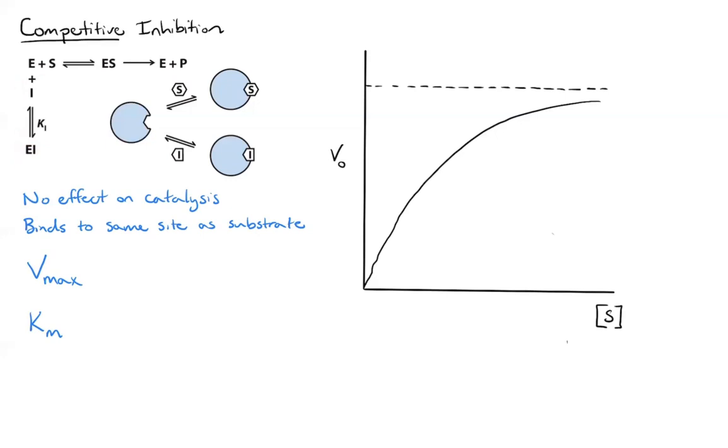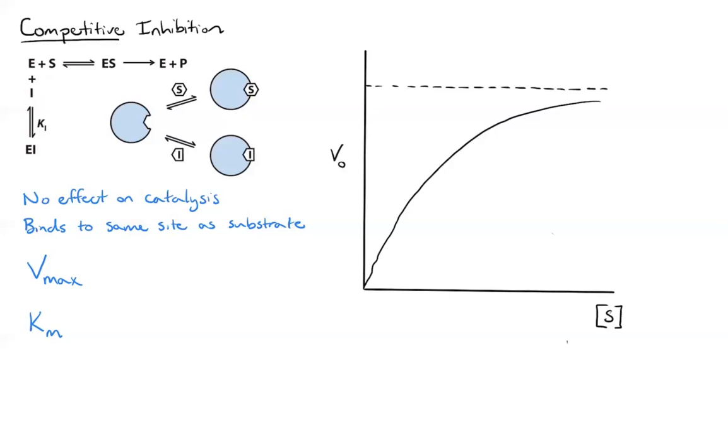But we could imagine that if we really crank up the substrate concentration, if we go high enough with the amount of substrate that we've added to our mixture, eventually there's going to be more and more of this substrate present, which makes it more and more likely for this enzyme substrate complex to form relative to the enzyme inhibitor interaction that's happening here. So basically, if you have enough substrate present, you can outcompete the competitive inhibitor.